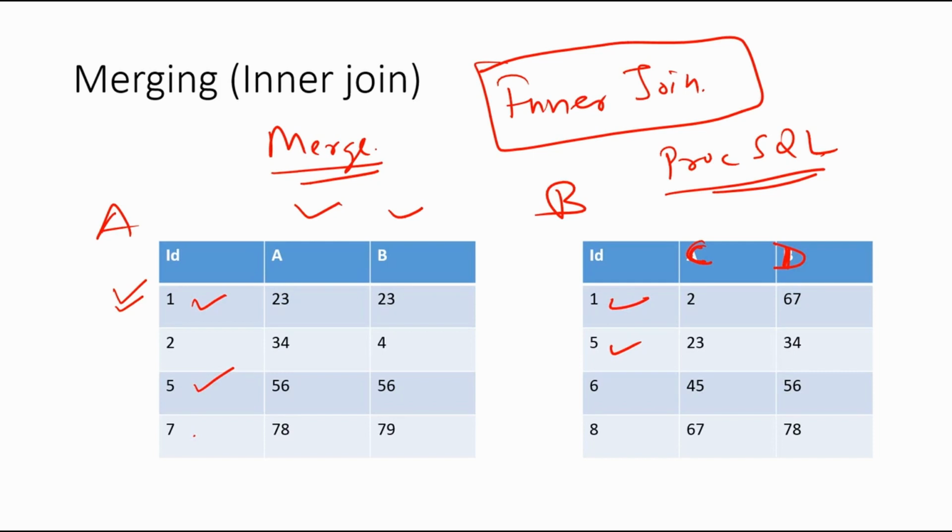Sometimes you will be asked that we want all the rows from the left hand table and only the matching ones from the right hand one. So you might have to do a left outer join. And sometimes the other way around, you want all the rows from the right one and the matching ones from the left one, or the first table. In that case you have to do a right outer join. These are some of the exercises you will be asked to do in interviews.